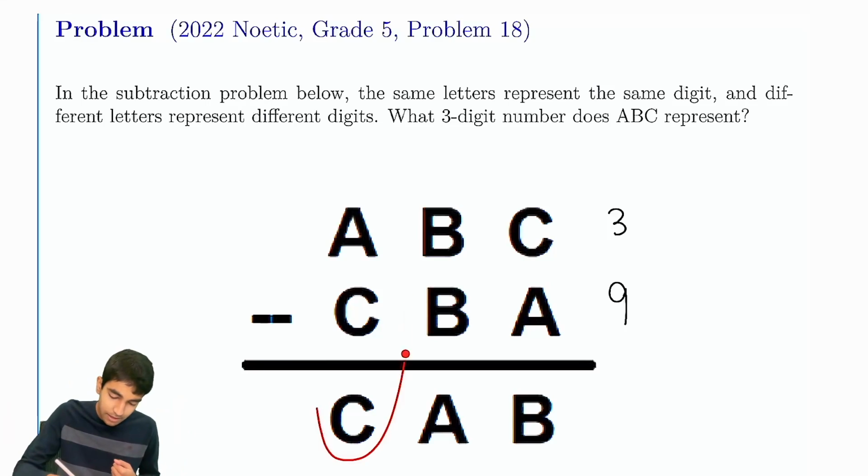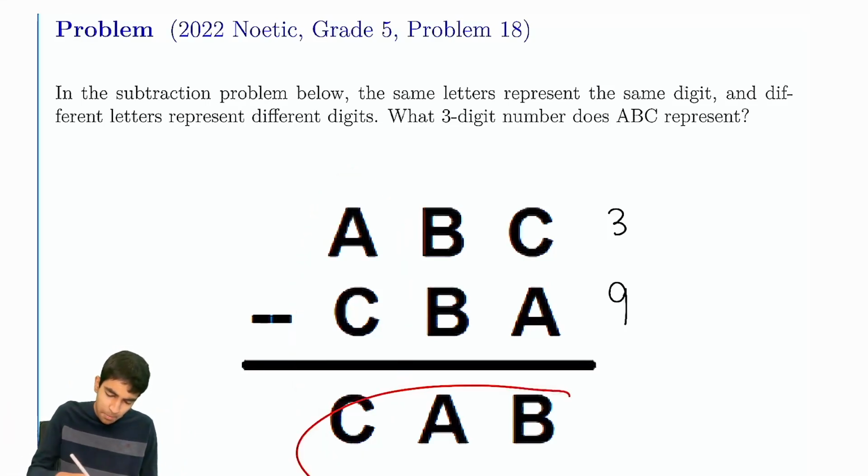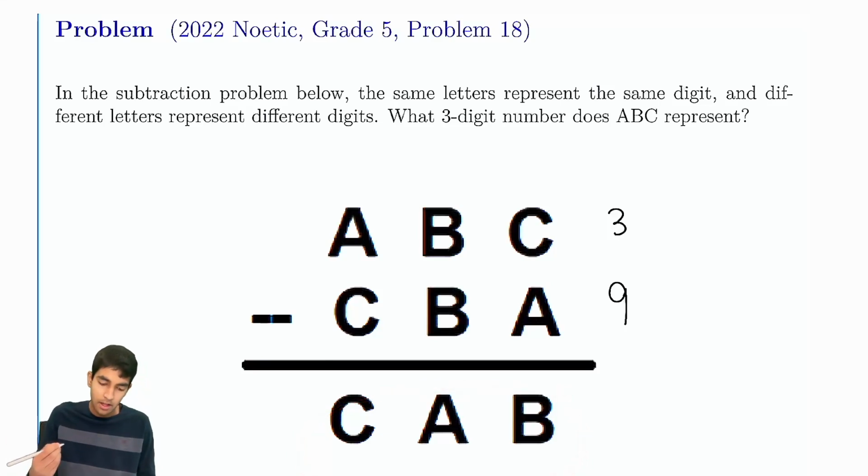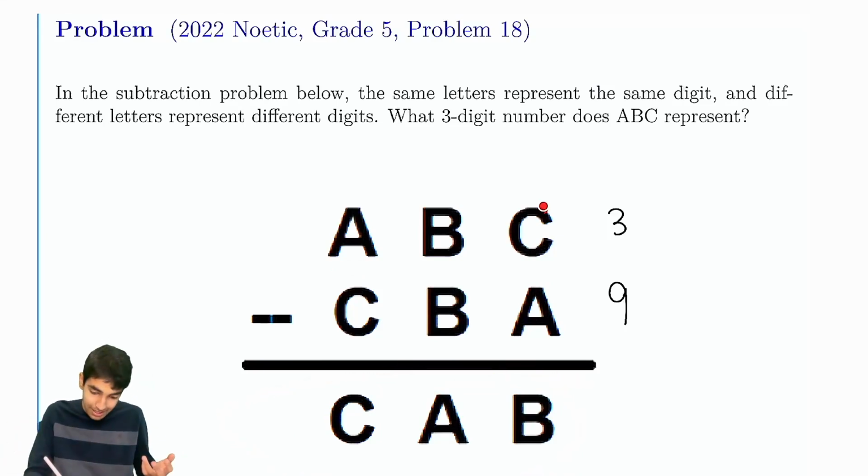We look at the left side over here and we see A minus C. This difference is positive. And this 3-digit number starts with A, and this one starts with C. So A has to be bigger than C, otherwise this difference would not be positive. So therefore C is less than A, and that means we have to carry over.